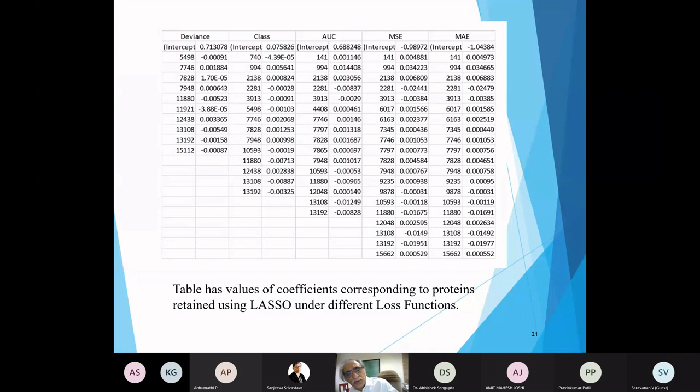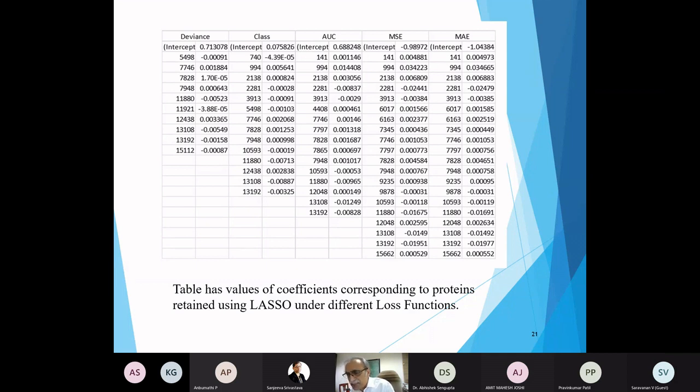If I'm going to use binomial deviance as the loss function, I'm just going to concentrate on these 10 proteins. I'm going to take out only those values corresponding to these 10 proteins and plug those values into the model.